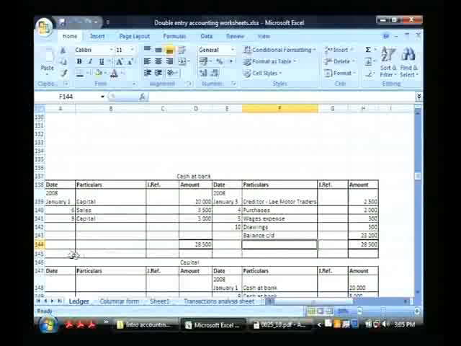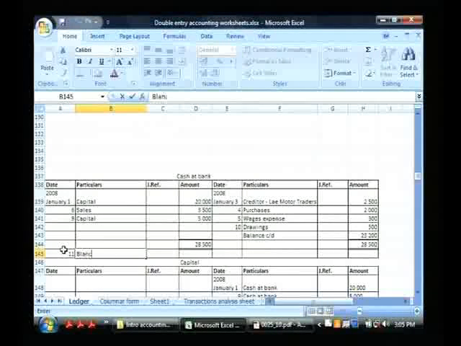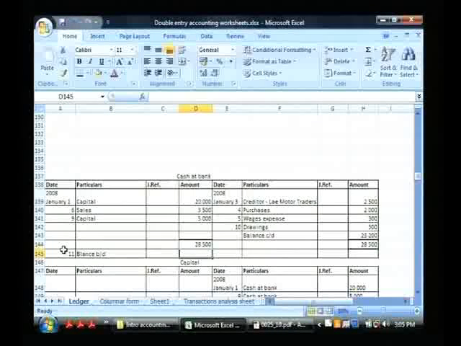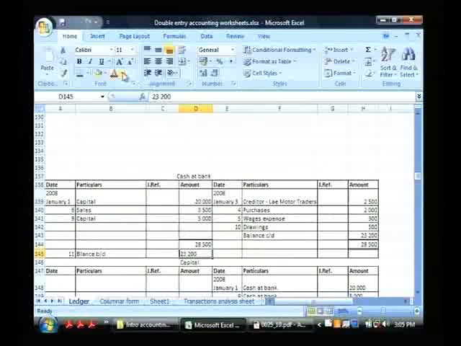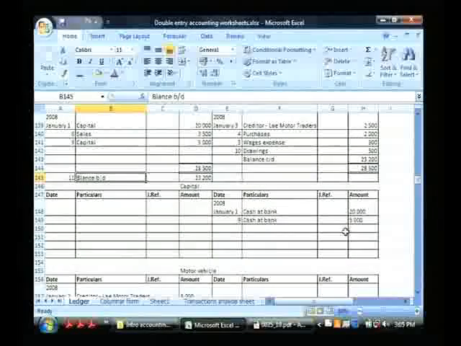So now we have completed, and remember the balance brought down is 23,200. For each and every account, you have to show the carried down balance as well as the brought down balance.